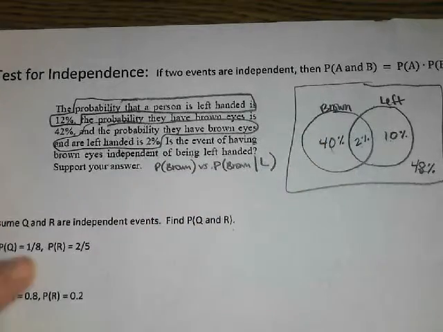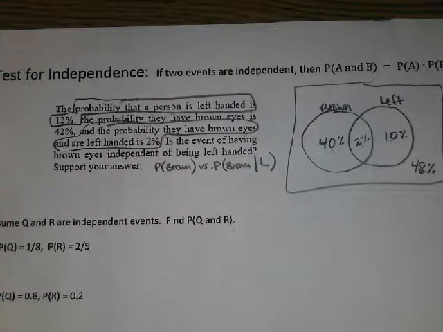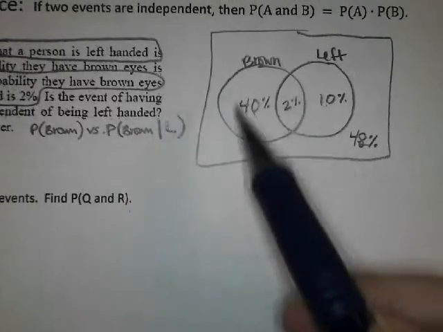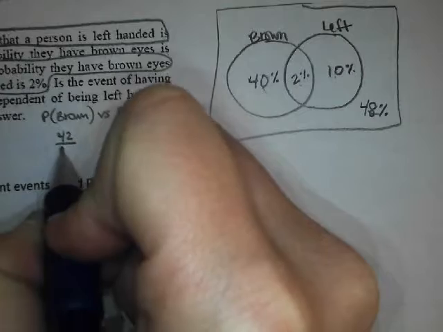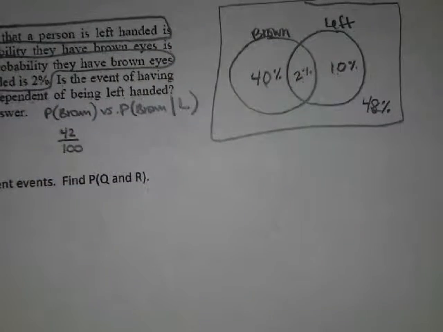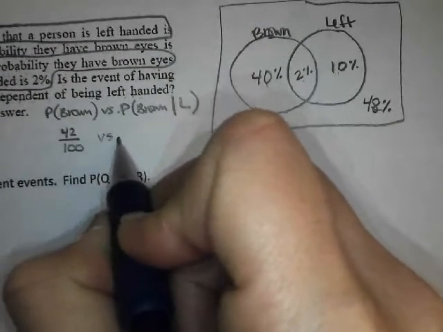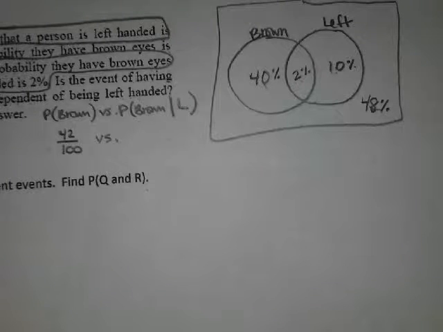So what is the probability of having brown eyes? 42%, right? Look at your brown circle, 42 out of the total of 100. So we'll just say 42 out of 100, versus the probability of having brown eyes given that you're left-handed.